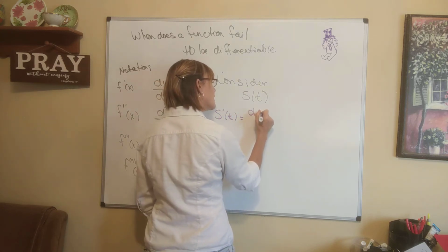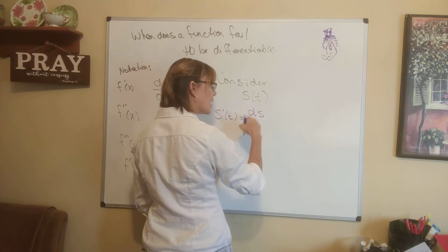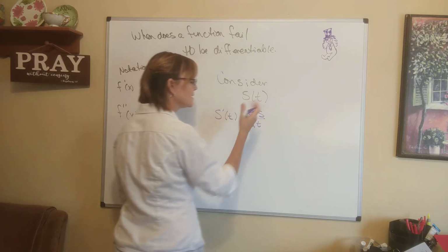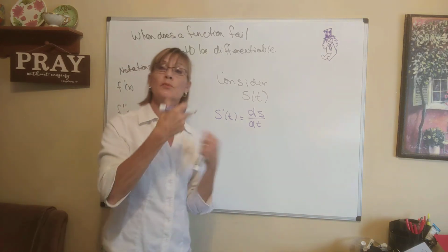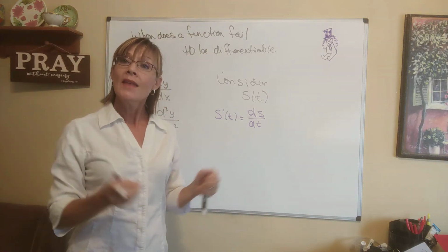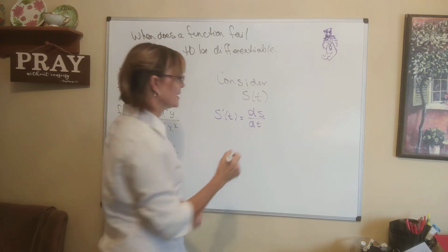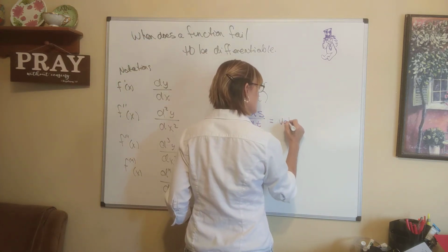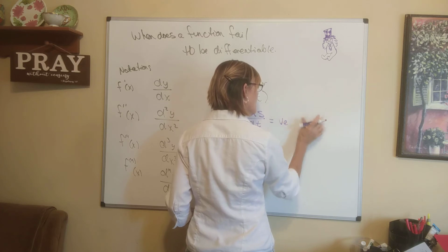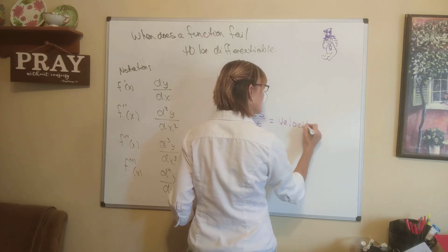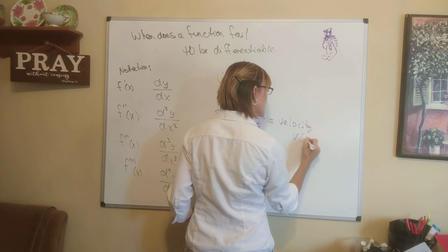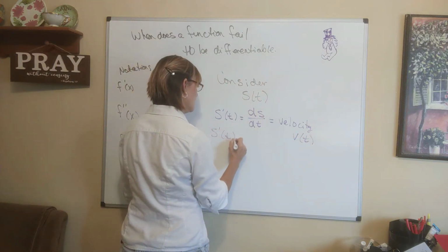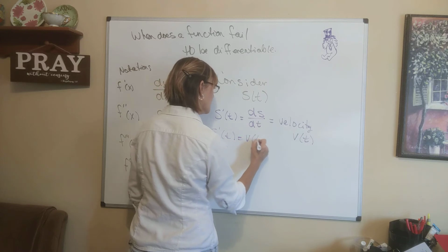This is the derivative, the instantaneous change of position with respect to time, and that is known as velocity. So this is v of t. It turns out that s prime of t is equal to the velocity v of t.